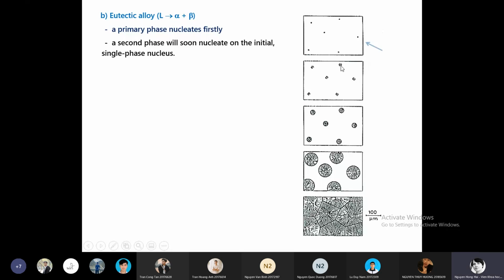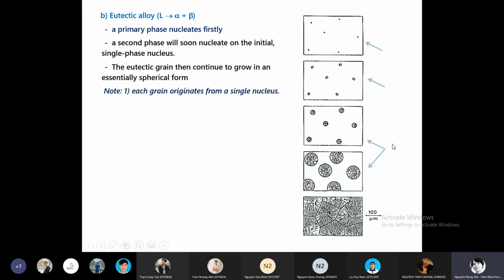So we say that in the eutectic reaction two solid phases can be formed at the same time from liquid, but in reality the primary phase is formed firstly, and the second phase nucleates on this primary phase at once, and they grow together to form the eutectic grain.